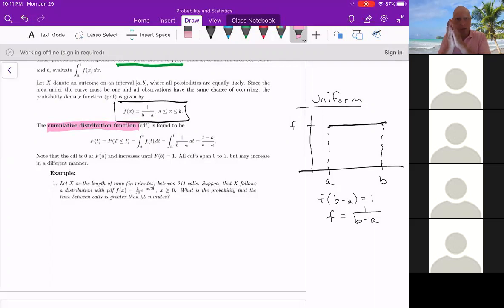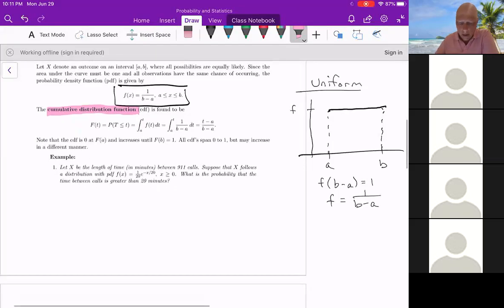So it gives you the area up to or less than or equal to whatever t or x value you're interested in. But it's considered a function because you're actually deriving it for any x or t value. So you don't usually plug in right away. And like I said, we'll make use of it a little later on.